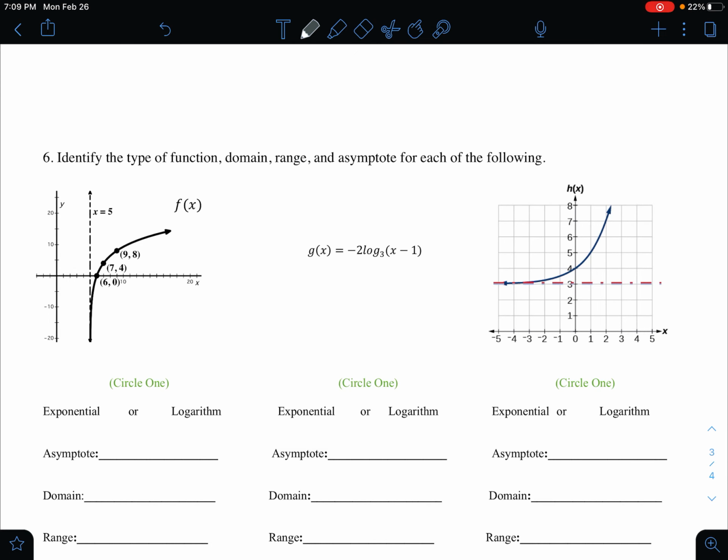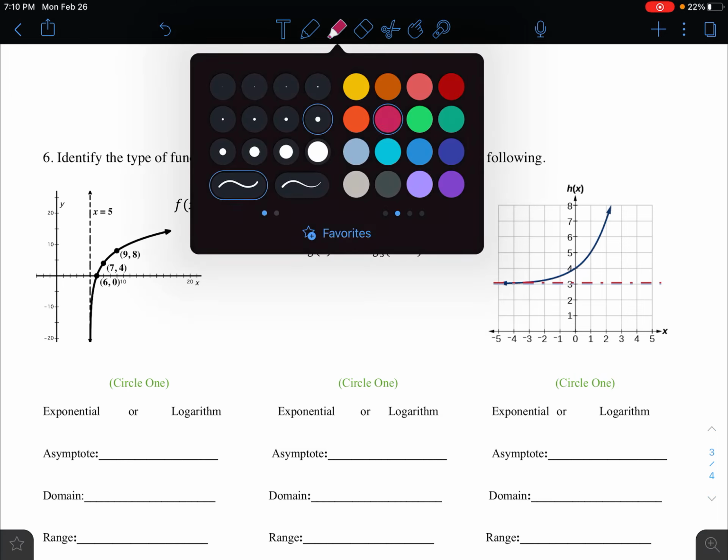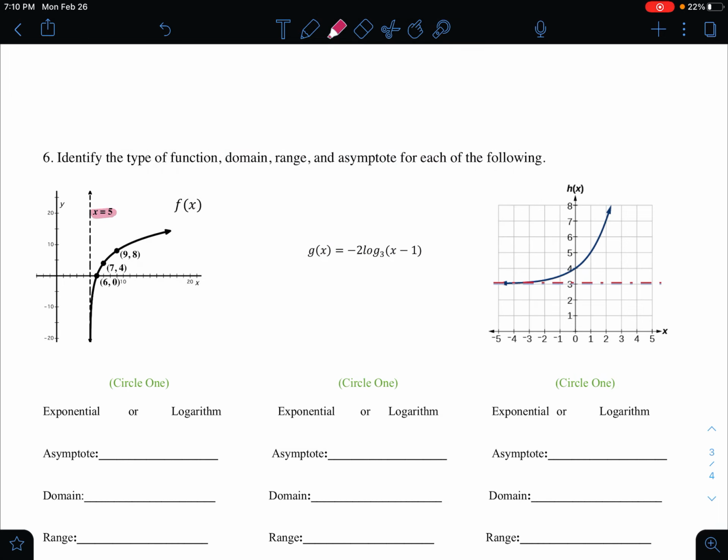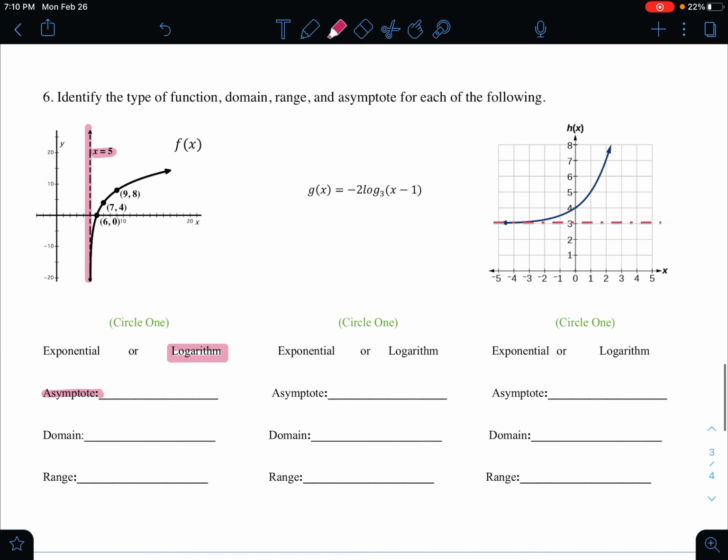And our last one is standard 3a. So anytime something has a vertical asymptote like you see here, so our x is getting restricted, it is a logarithmic function. So we have a vertical asymptote at x equals 5.